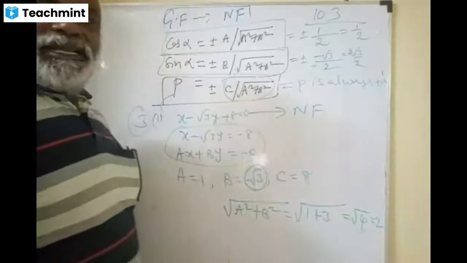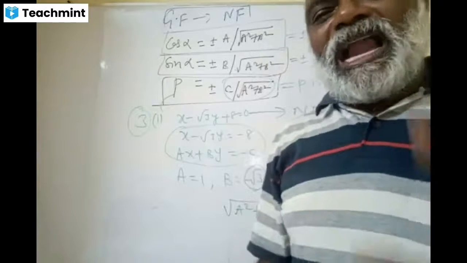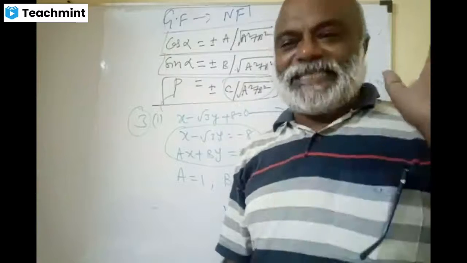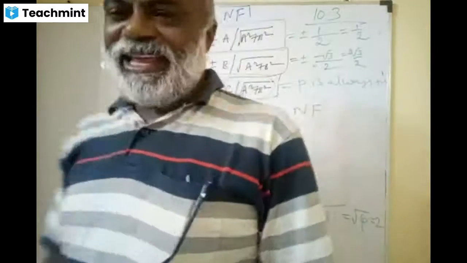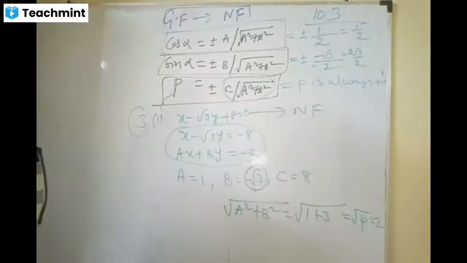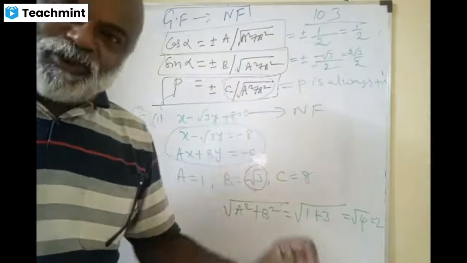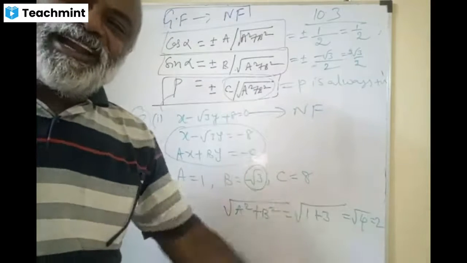But see, friends, here alpha can be either acute or obtuse. Either it will be in the first quadrant or in the second quadrant.